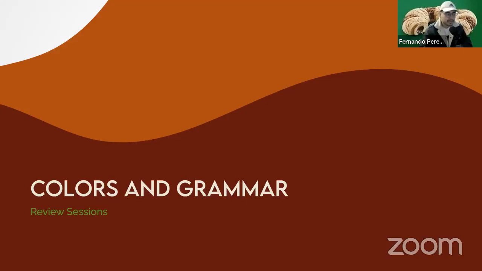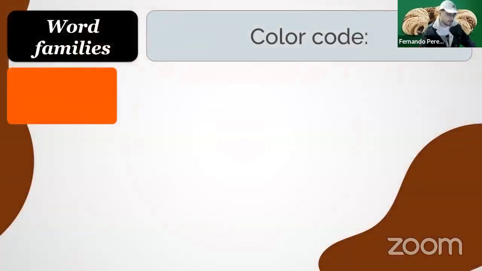Who remembers, for example, what orange is for? Description. Exactly, Laurita. Very good. Color orange is used for descriptions.